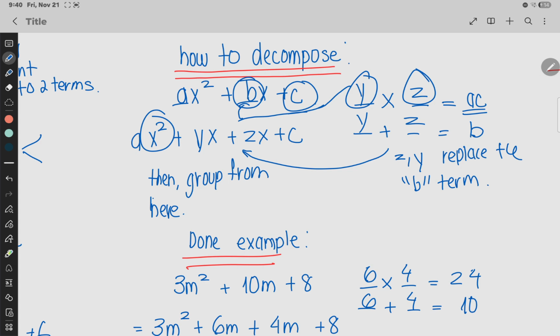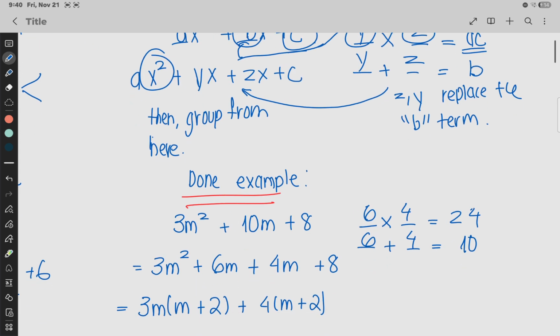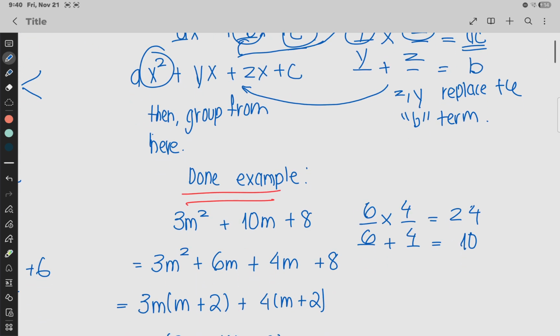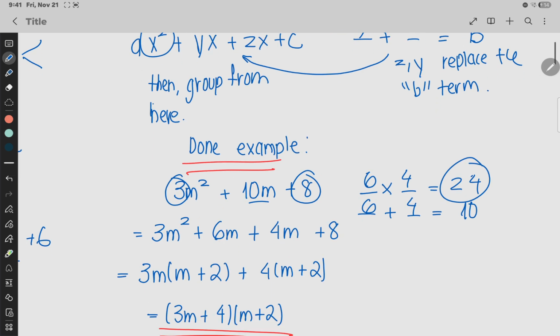All right, let's look at a worked example: 3m squared plus 10m plus 8. We want two numbers that multiply to a times c, which is 3 times 8, which is 24, and add to the middle term, 10. Those two terms are 6 and 4, and we replace the 10 with them.